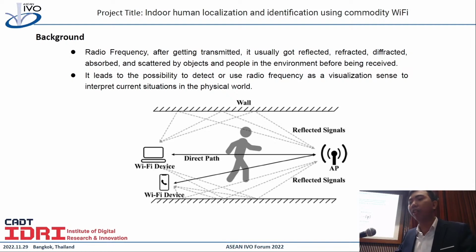It gets transmitted, reflected, and scattered around the objects in the environment, and that is something we can get as information at the receiver. So this leads to the possibility: what if we can get those signals, and then get some information about the environment, regardless of how the radio frequency is propagated in the environment?